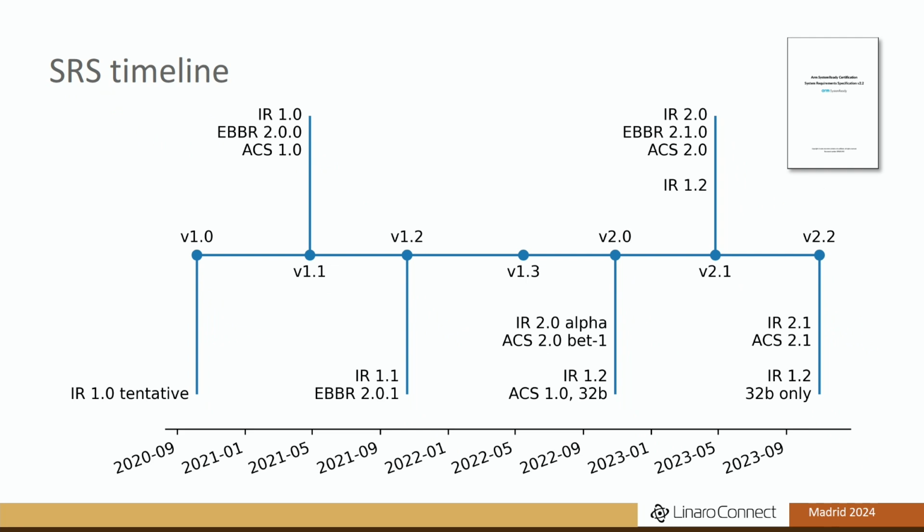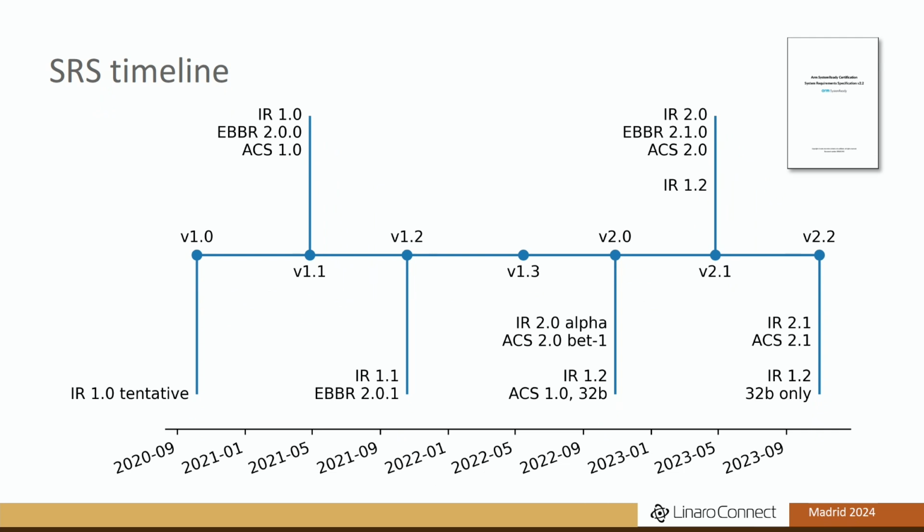This is the SRS timeline. So the x-axis is the time, and you see in the middle with the horizontal line we have the SRS document versions 1.11, 1.2 to 2.2. The SRS is really defining all the SystemReady bands, not only IR, but on this slide we are showing only the IR-specific aspects to relate with the IR version, EBBR version, SRS version, and ACS version.